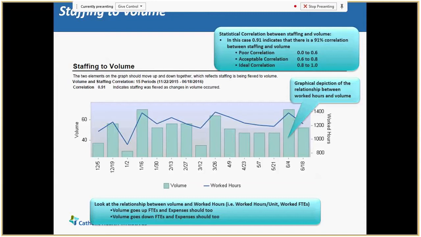So the idea being, if you're at a 0.6 or above, that's generally what we consider a good correlation. You're not going to see a 1.0 every pay period, but this is over a rolling 15 pay periods. So every time you look at this report, in this case as of June 18th, this was for the 15 periods leading up to and including June 18th.